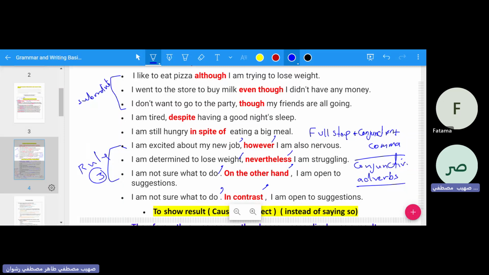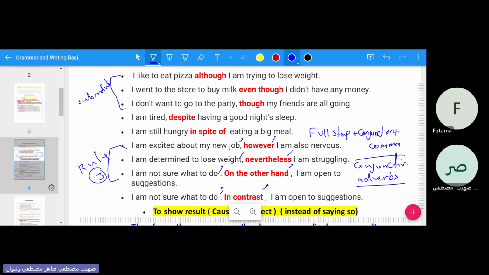Fatima, I'm waiting for you. Oh, you sent it. I'm sorry. Yeah, Fatima, "despite her kids made her exasperated." Despite doesn't need a comma after it.